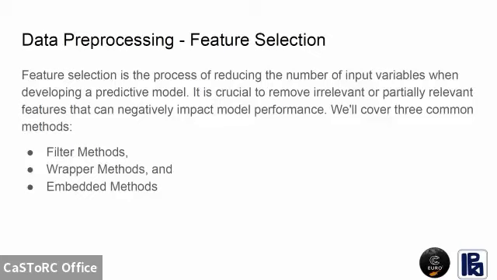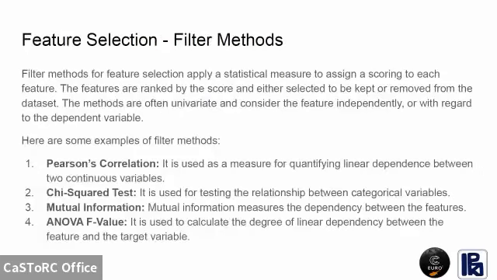It's also very important to remove any irrelevant or noisy features, or partially relevant ones, or even those that have a negative impact on your model. We are going to cover three methods: filter methods, wrapper methods, and embedded methods.